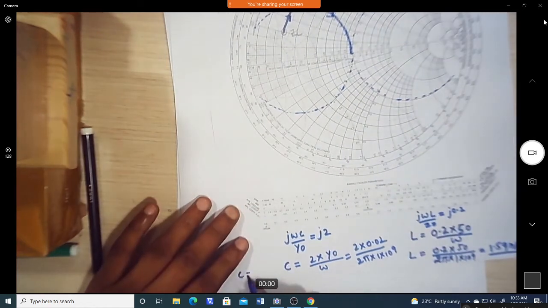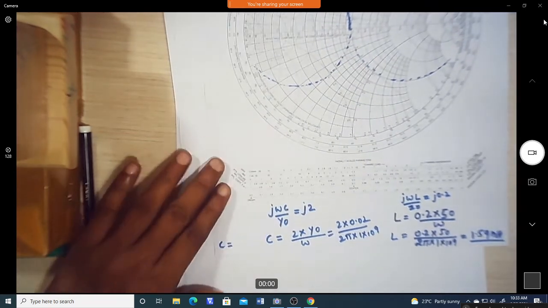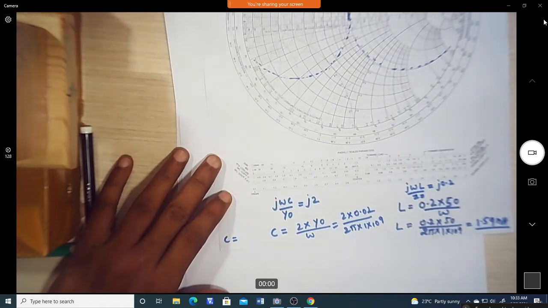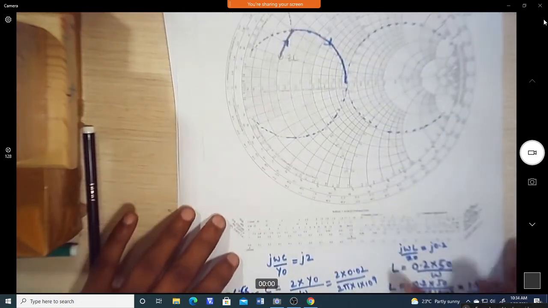So find out what is the value of C. What is the value of C? 6.36 picofarad. 6.56 picofarad.